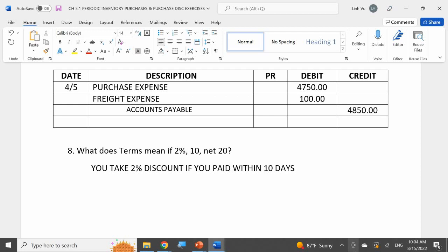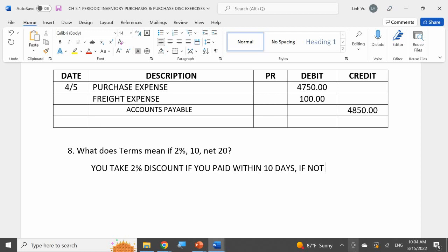If not, what happens? You will be paying the full amount within 20 days. This is a standard one.